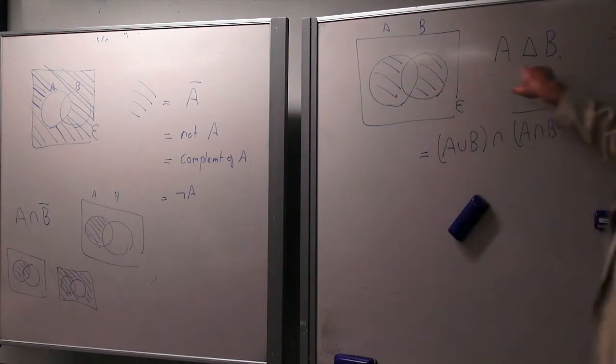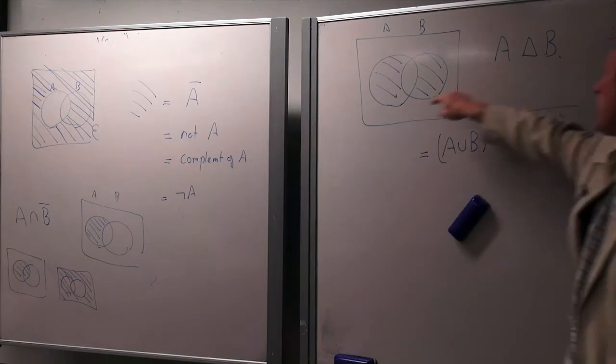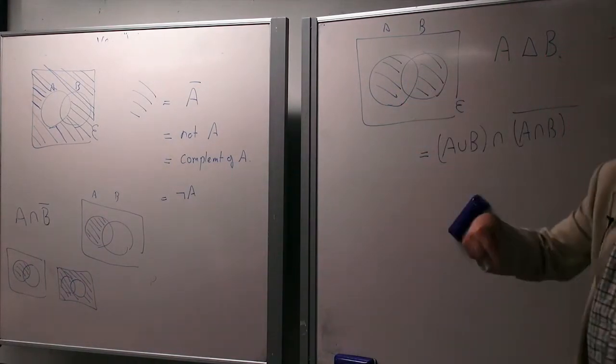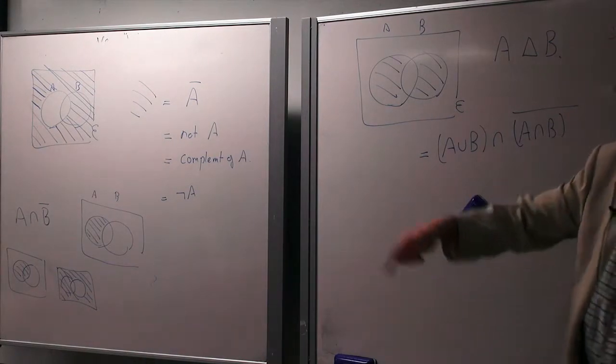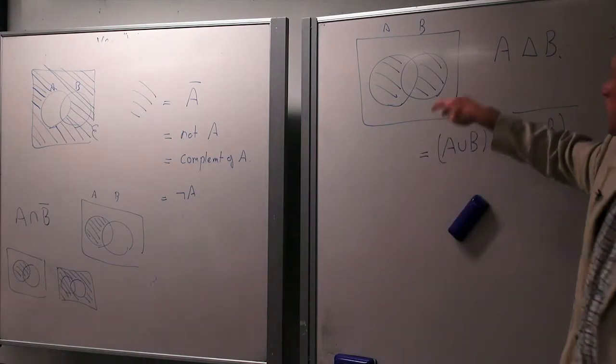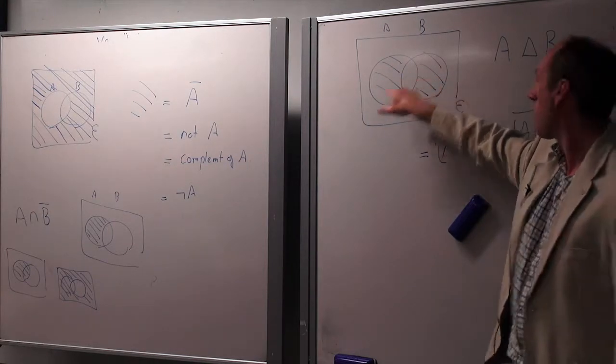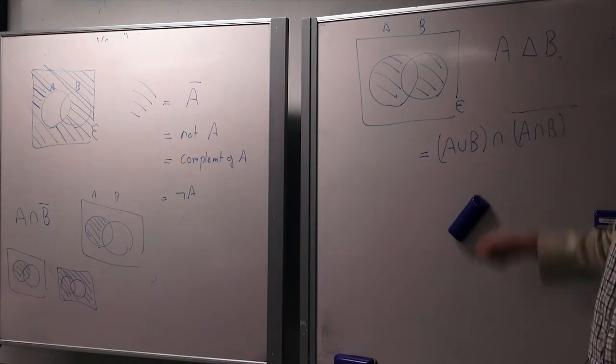This is what you mean when I say to the kids, you can either have an ice cream or a drink. Not both. If it was the union, they'd say, I want both. But when you say this or this in English, you can have the ice cream or the drink, you can't have both. So this is A or B, but not both.